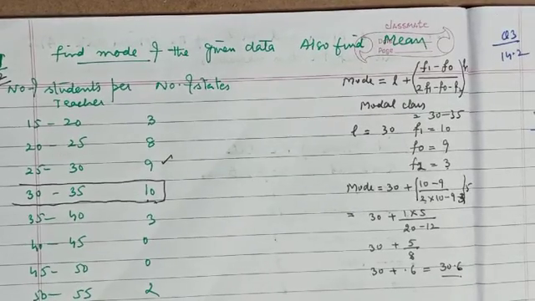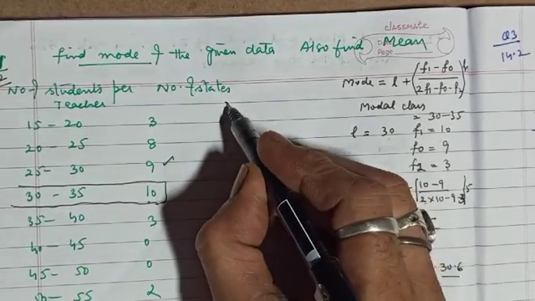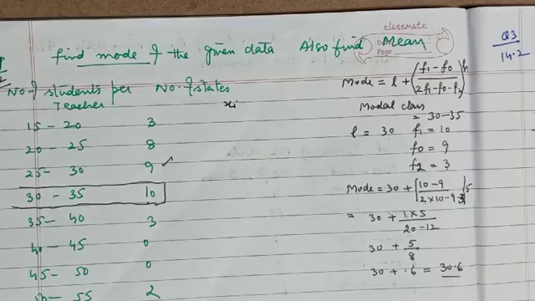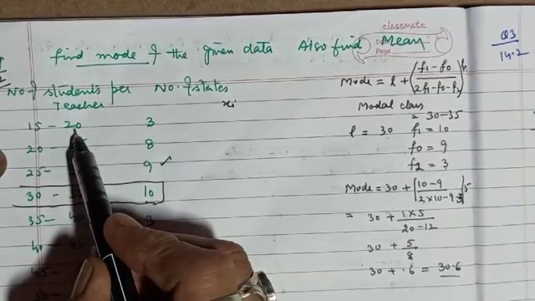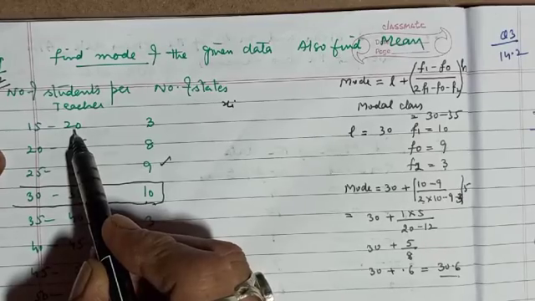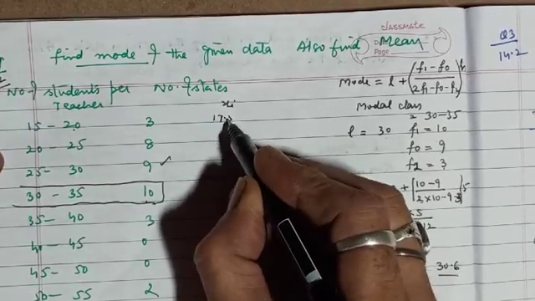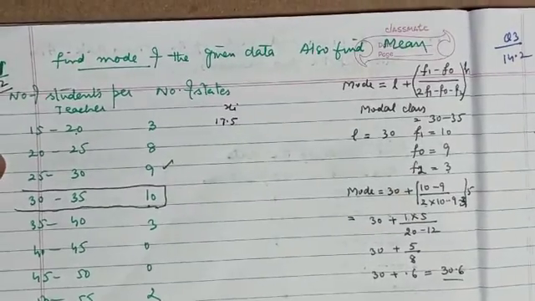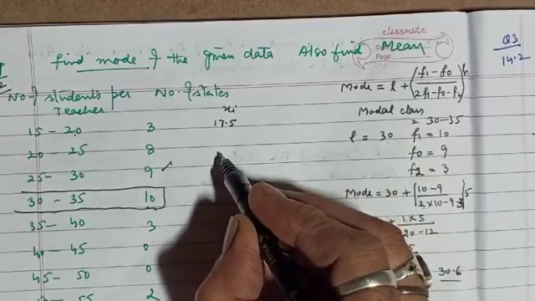And to calculate the value of mean, we have to find the value of xi. 15 plus 20, it is 35. 35 over 2, it is 17.5. Difference is 5. You keep on adding.